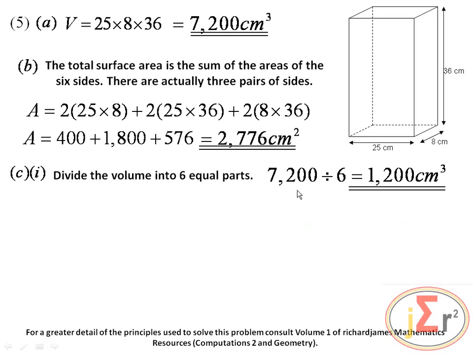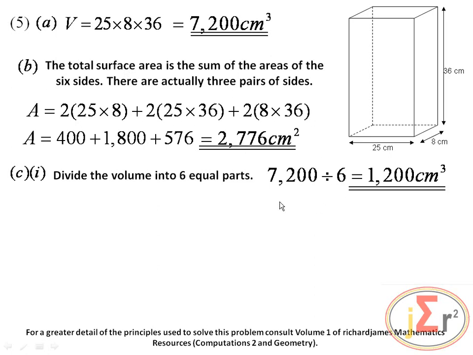Now, this problem is not very difficult to solve, but I think that by asking that question immediately after this one, some students will divide the 2,776 by 6. That probably could be the only catch to the problem, that students will just jump to divide this one instead of this one by 6.